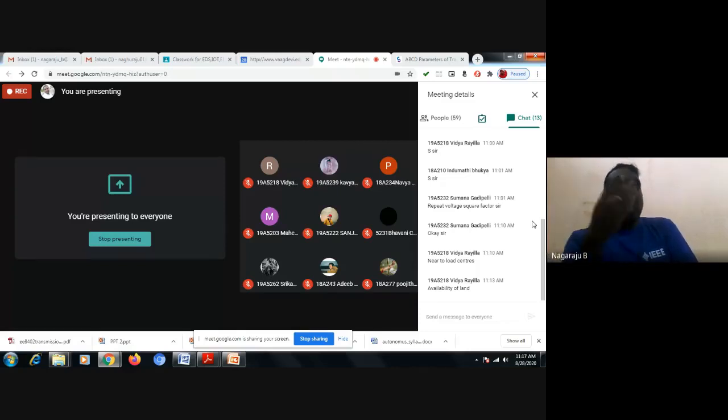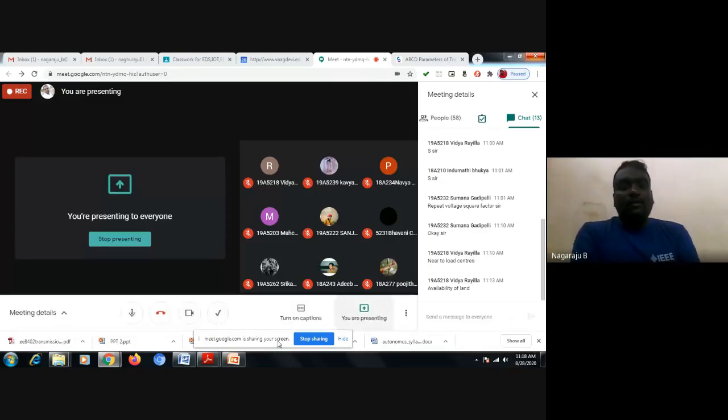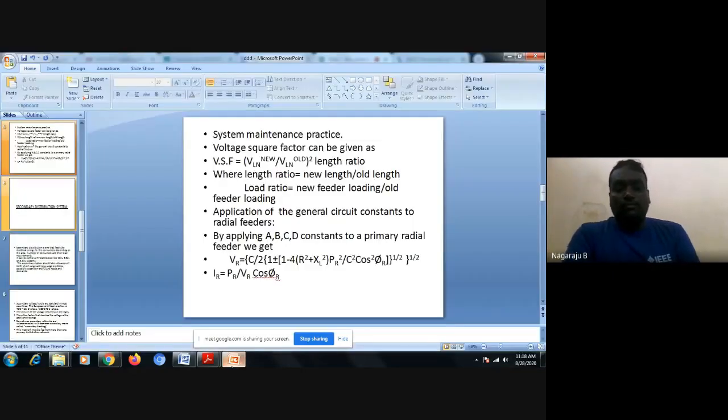And the additional point is, if any service area discontinuity is there in the substation, then the number of customers affected should be minimum. This is also to remember. All of you remember this.